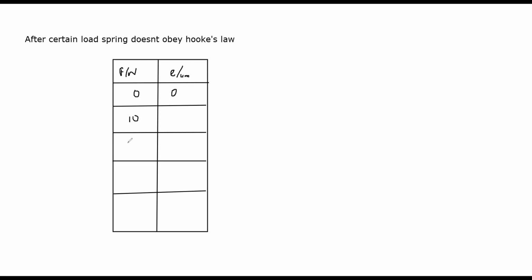We apply a force of 10 Newton, 20 Newton, 30 Newton, and 40 Newton. The extension was 2, 4, 8, and 20. The question is: identify from the table after which point the spring does not obey Hooke's law.